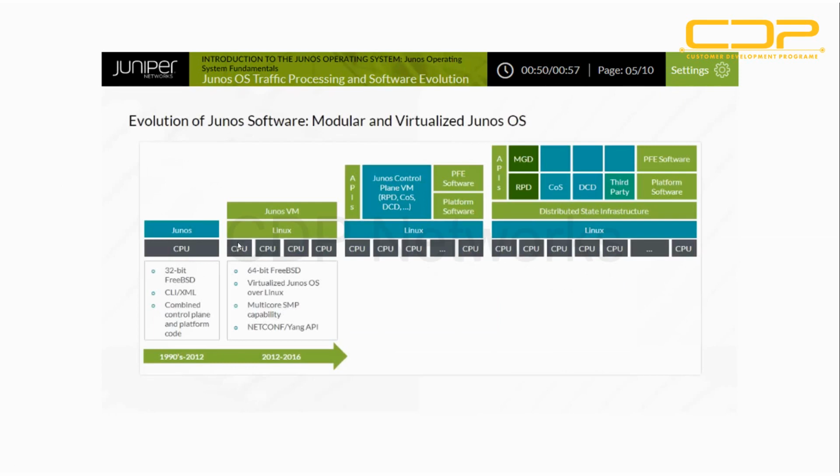And this is basically the modular architecture of the Juniper operating system. Is it using quality of service? No, the quality of service concept is different.